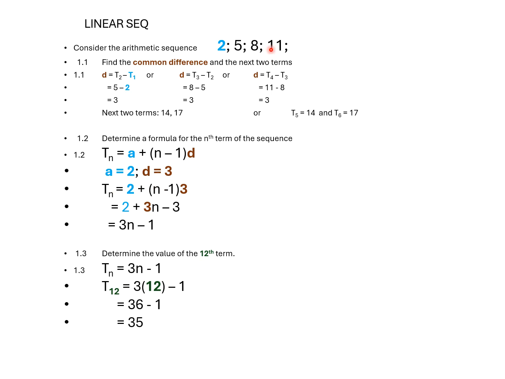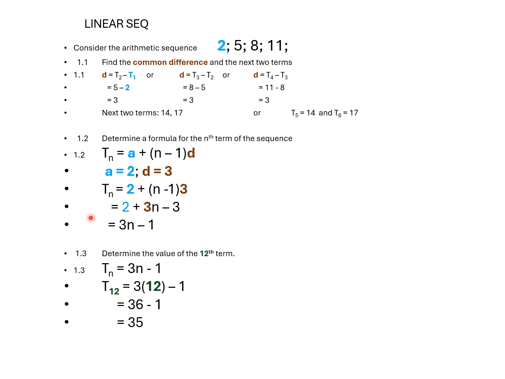As you can see, a is 2 and d we solved is equal to 3. In the place of a, I substitute 2, and in the place of d, I substitute 3. 3 times n gives me 3n, 3 times minus 1 gives me negative 3, and 2 minus 3 gives me minus 1. So my formula simply is 3n minus 1.